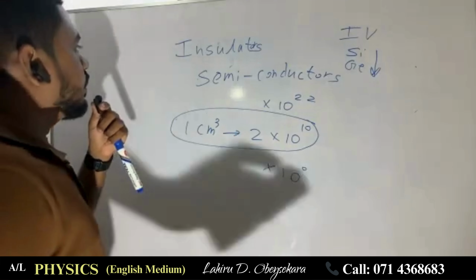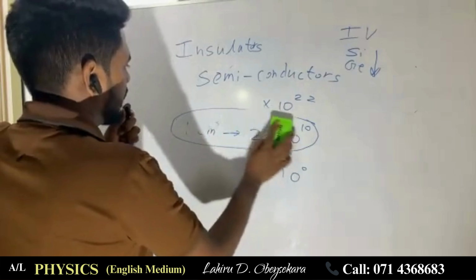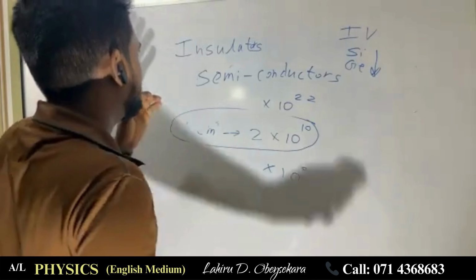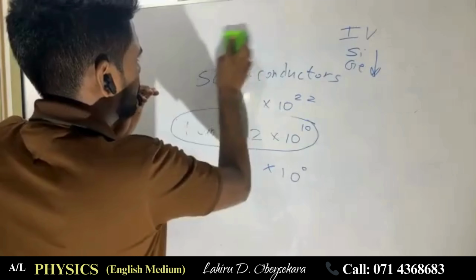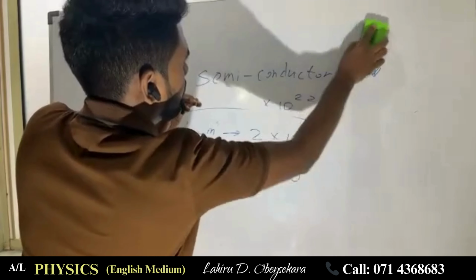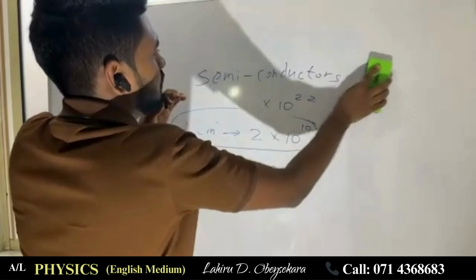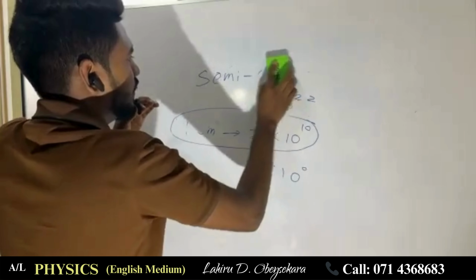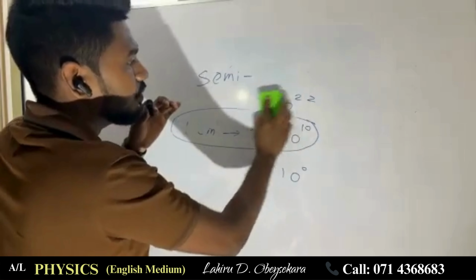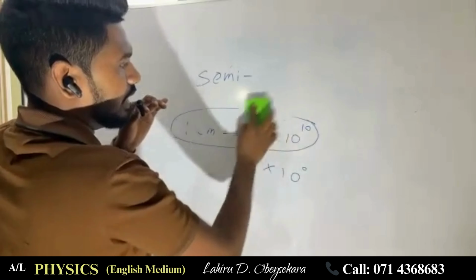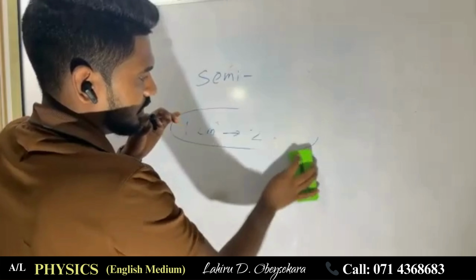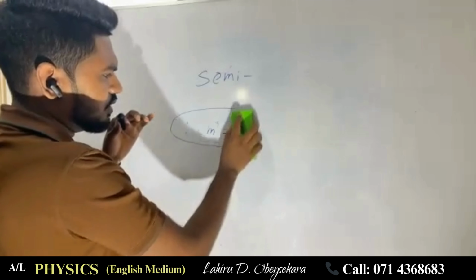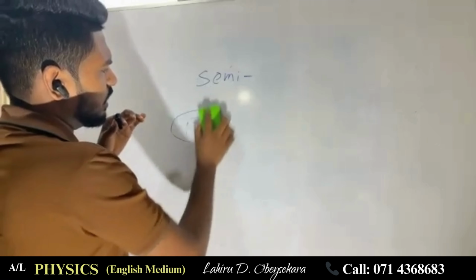So now we discussed both insulators and conductors, insulators and semiconductors. Now, if I ask a question like this, what is the most important material from these three categories? Is it insulators, conductors, or semiconductors?